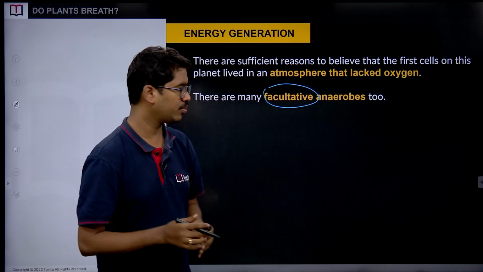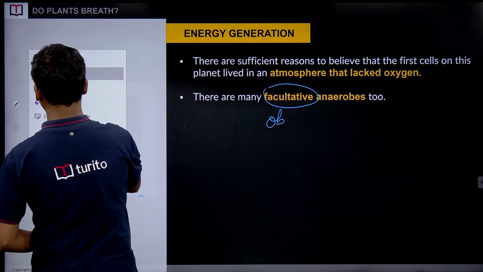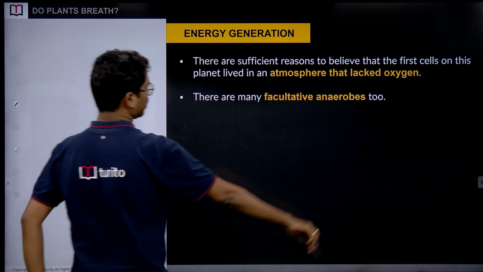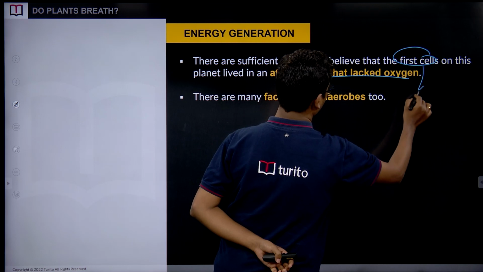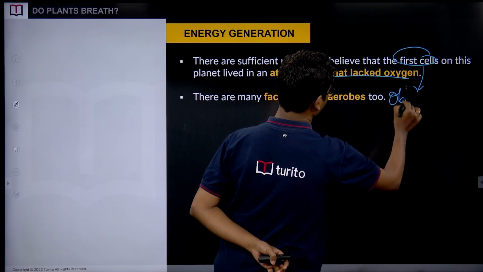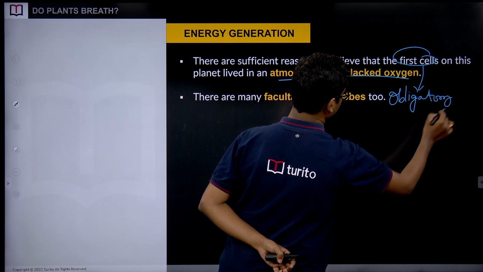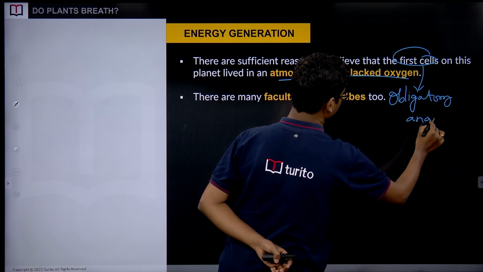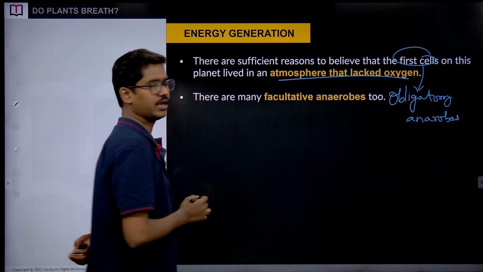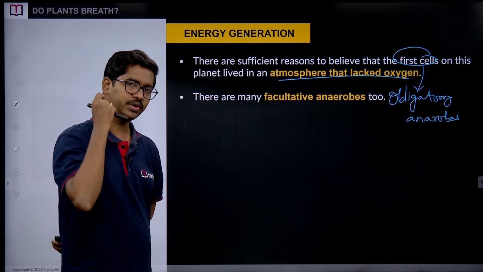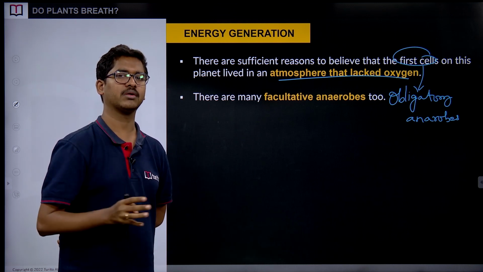Sorry, they had to be obligatory anaerobes. When they lacked oxygen, that means the first cells are obligatory anaerobes. Obligatory anaerobes means they do not need oxygen. At no point of time will they need oxygen.